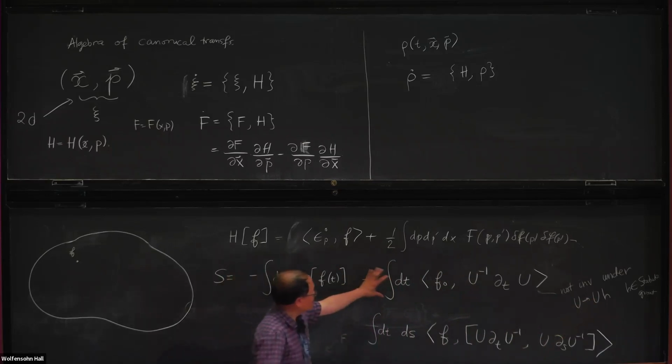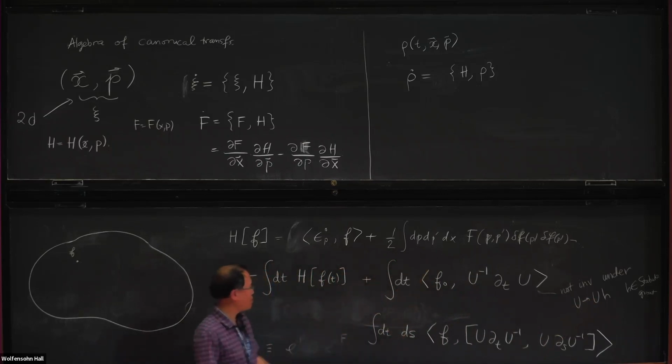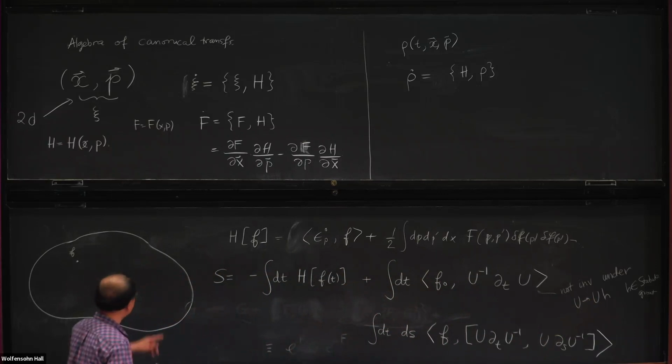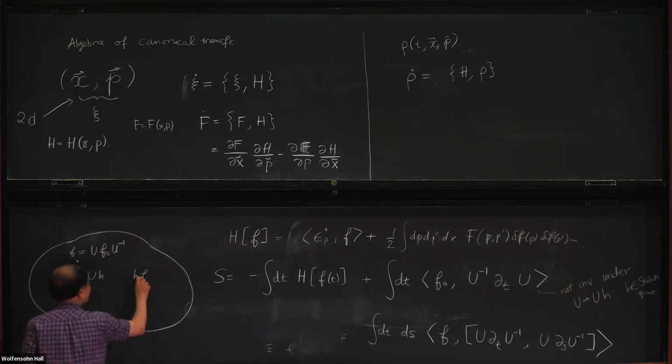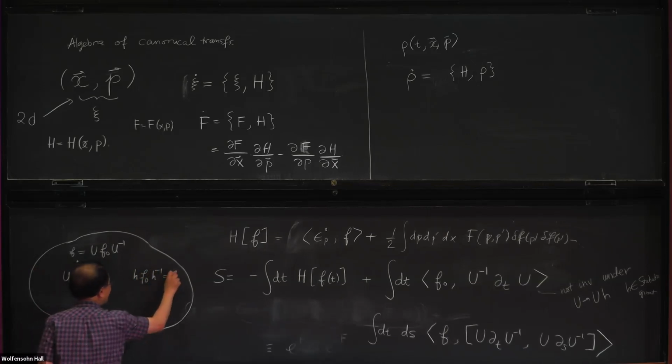The action is invariant up to a boundary term in this case. So f is equal to u f0 u minus 1, and so we know u is equivalent to uh, where h f0 h minus 1 is equal to f0.